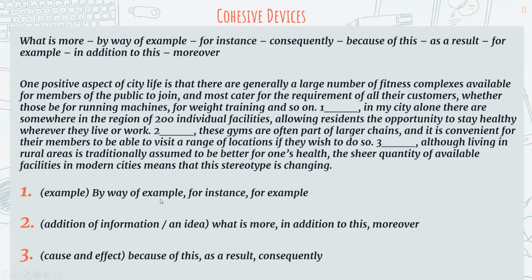You could say by way of example, for instance, or for example, in my city alone, there are somewhere in the region of 200 individual facilities, allowing residents the opportunity to stay healthy wherever they live or work. Second, these gyms are often part of larger chains. As you can see, I am adding an additional point. So what's more could work. In addition to this, moreover. So these cohesive devices can be used to add a point.